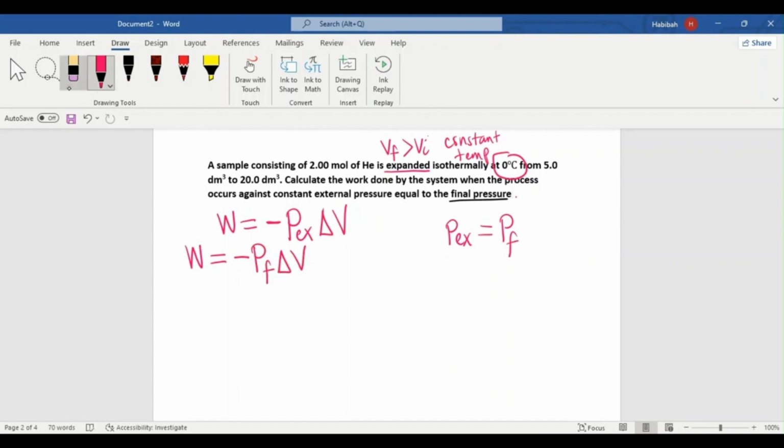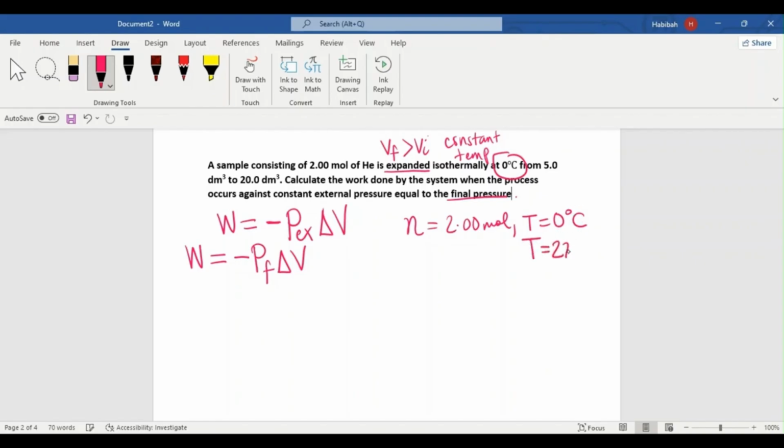Now, to work on this consistently, we have to first write out the parameters. We're given n equals 2.00 mole. We're given the temperature to be 0 degrees Celsius. We can convert 0 degrees Celsius to Kelvin by just adding the Celsius value to 273.15.